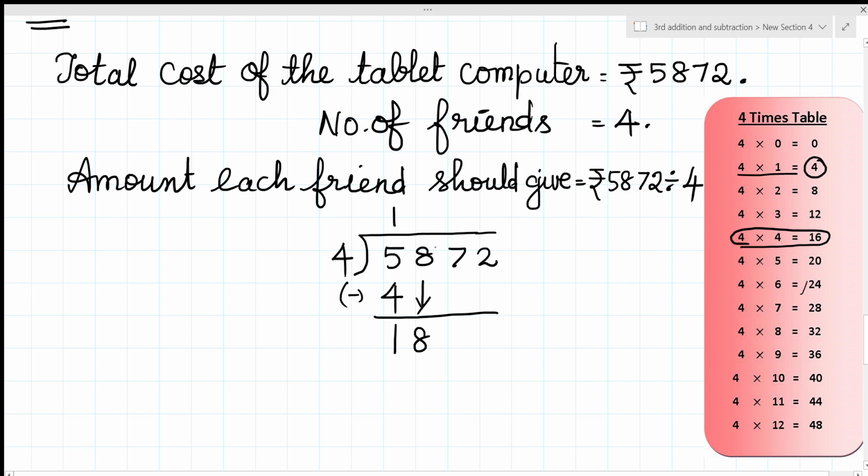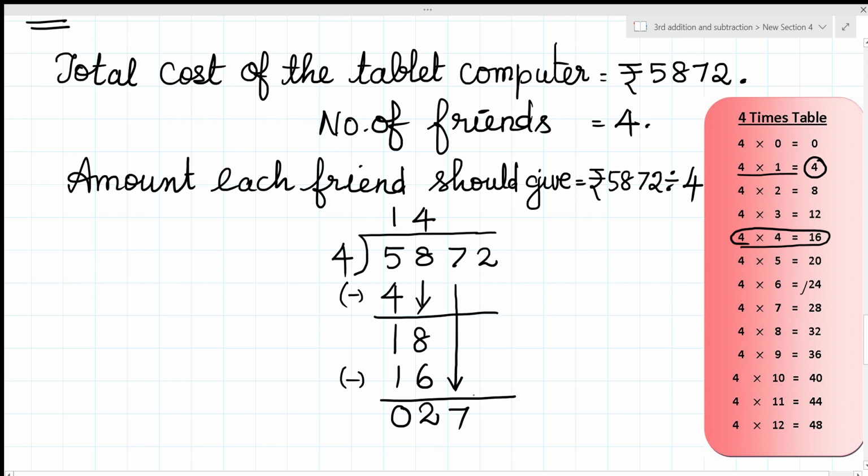We are going to choose 4 in the quotient, 16 below the number. Now if you subtract, you will get 8 minus 6, 2. 1 minus 1, 0. Now bring down the next number. It is 27.